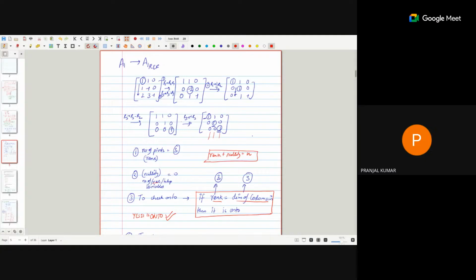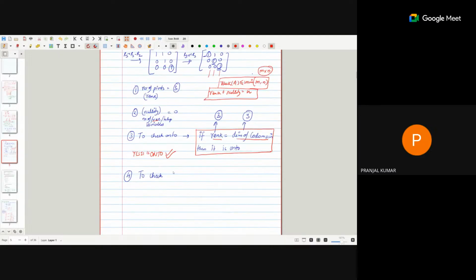Okay, and you should know that rank of a matrix is always less than or equal to minimum of m comma n, where m cross n is the order of the matrix. So you will extensively use these two. Okay, we will see this in examples, to answer lots of questions.